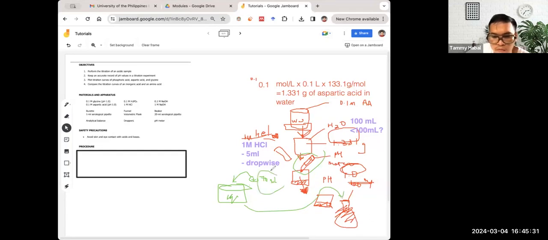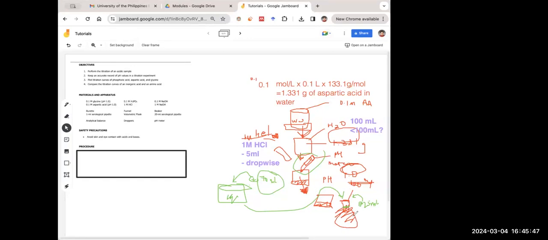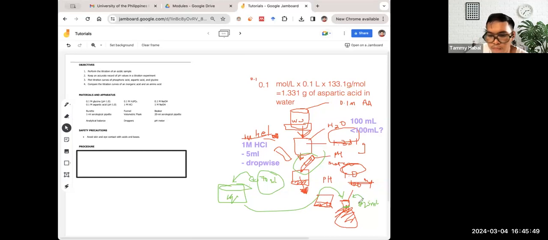So we know that it's around 70 to 75. You add another 25 ml, or another volume of water, until your mark. Do you get my point? Yes. If you add 100 ml, how can you adjust your solution, your pH? Correct.